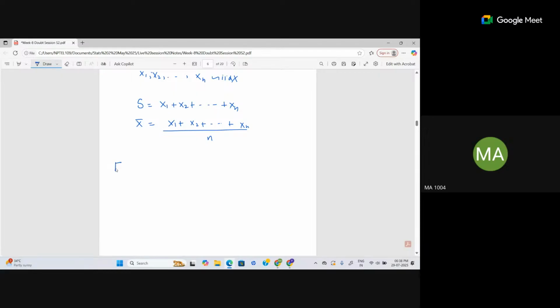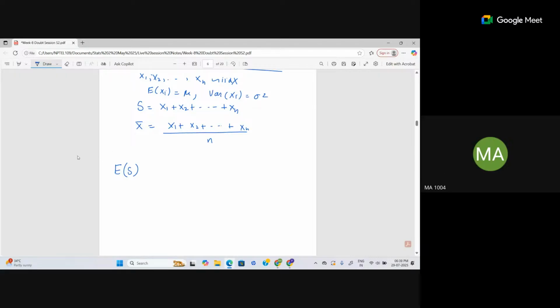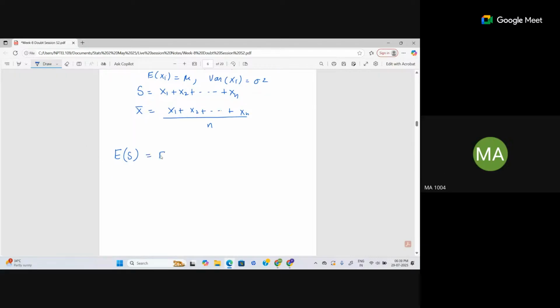Suppose the expectation of xi is mu, and the variance of xi is sigma square. The expectation of s will be the expectation of x1 plus x2 up to xn, which is equal to the expectation of x1 plus x2 and so on.